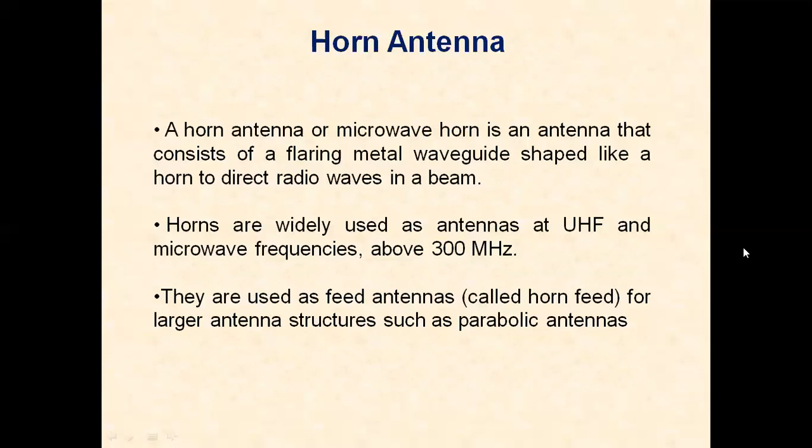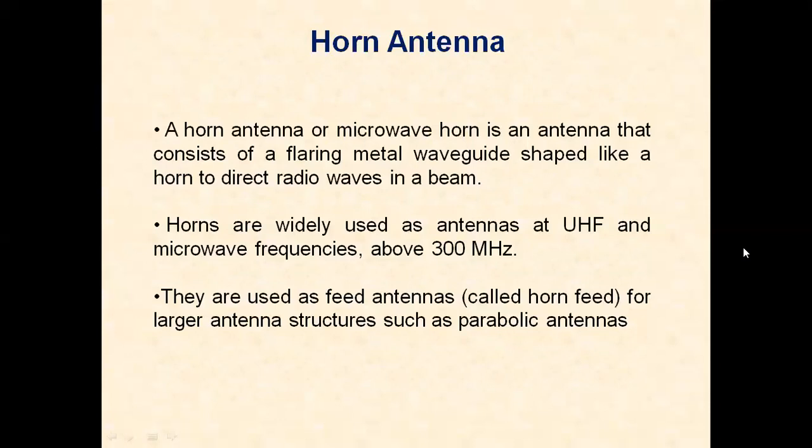A horn antenna, also called a microwave horn, is an antenna that consists of a flaring metal waveguide shaped like a horn to direct radio waves in a beam. Horns are widely used antennas at VHF and microwave frequencies.